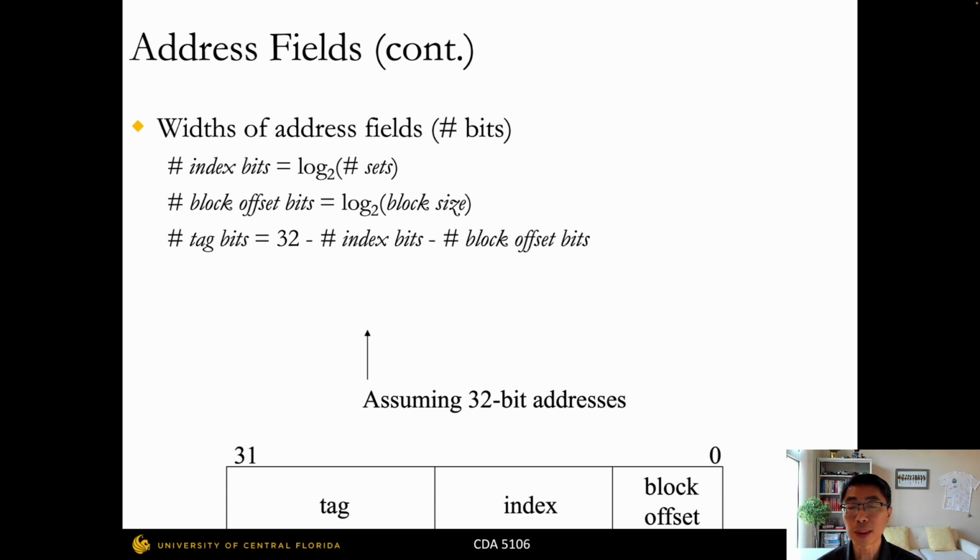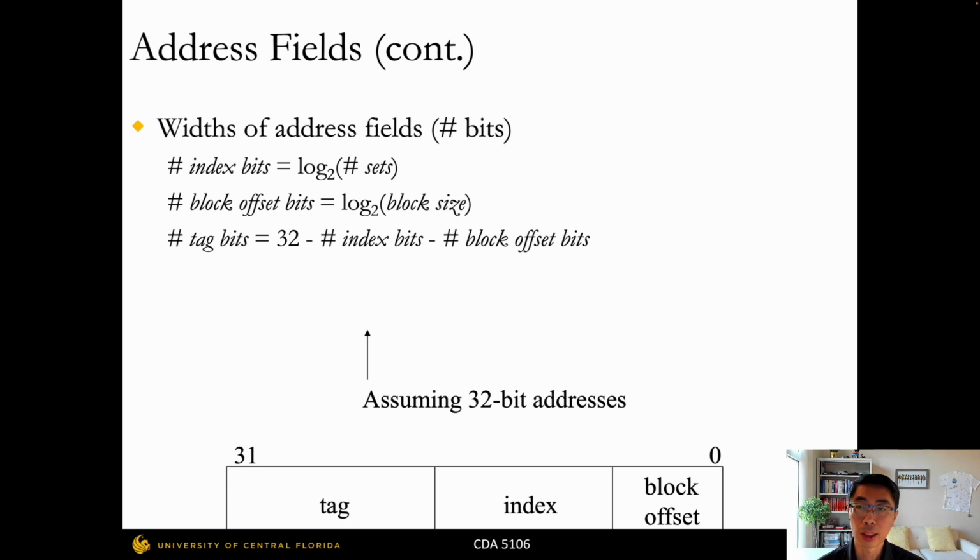The block offset bits are computed as the log 2 of the block size, and the tag bits are whatever is left over. We start with the 32 bits, which is the total width of the machine, then subtract the number of index bits and the number of block offset bits.